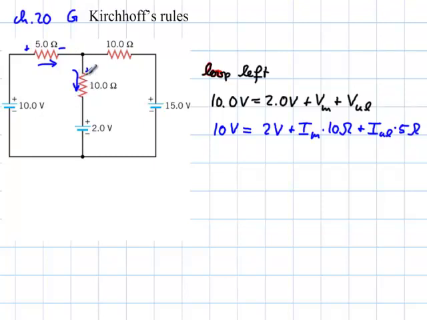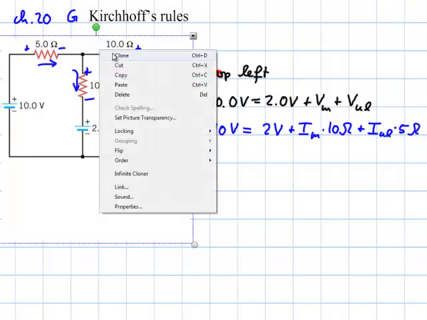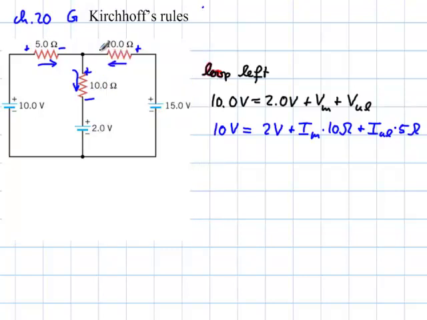So again, plus minus here. And then I have to make a judgment. It looks like 15 is pretty strong here, so probably the current is going to flow through here. And I have plus here and minus there.